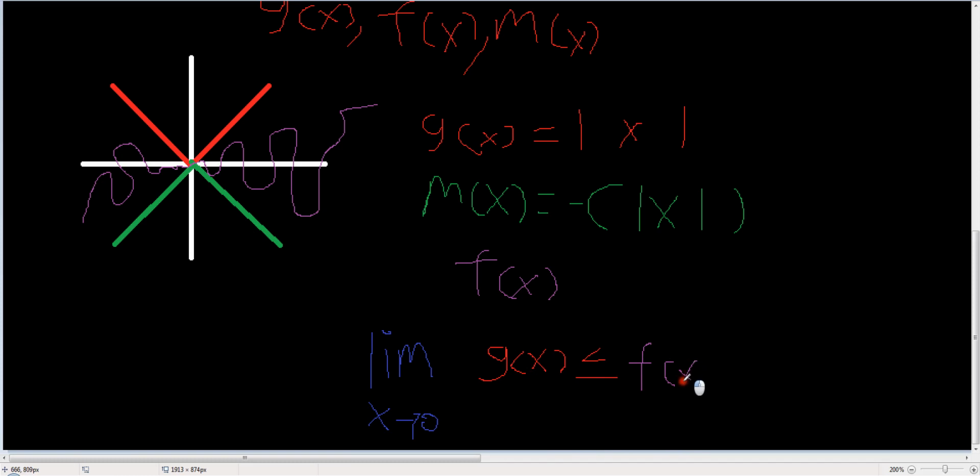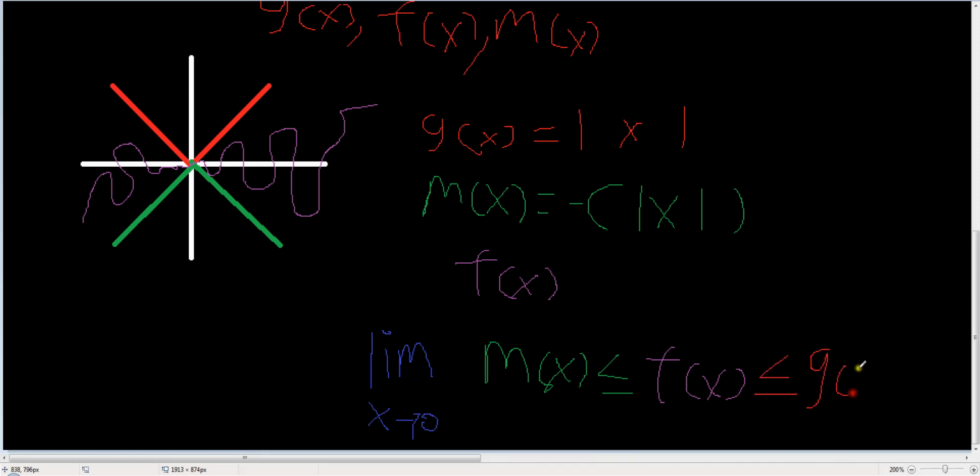I mean, it's less than or equal to. Oops, this is wrong. So let's redo it. What we want to do is n of x is less than or equal to f of x, and f of x is less than or equal to g of x, as the limit x approaches 0.